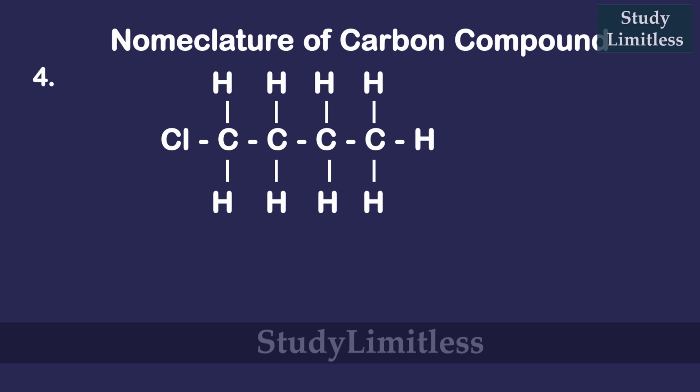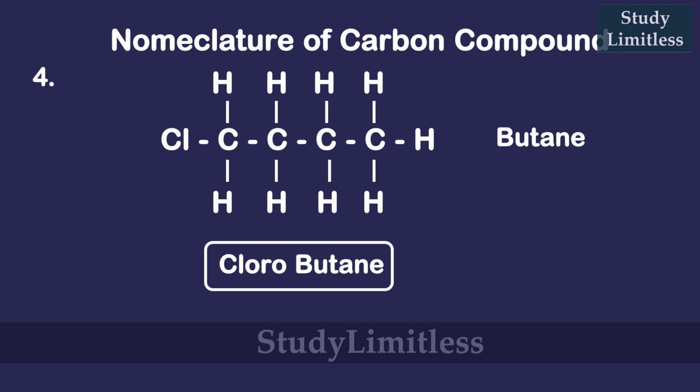Over here you have the chlorine group, so we start counting first. We have 1, 2, 3 and 4 carbon atoms, and hence again it is butane. On the first carbon atom you have a chlorine atom. The prefix for chlorine is chloro. So you add chloro to butane and hence you have chlorobutane as the compound.